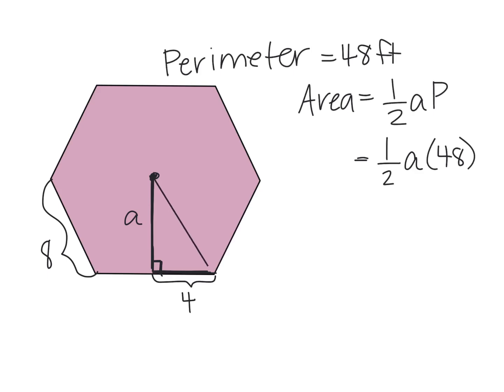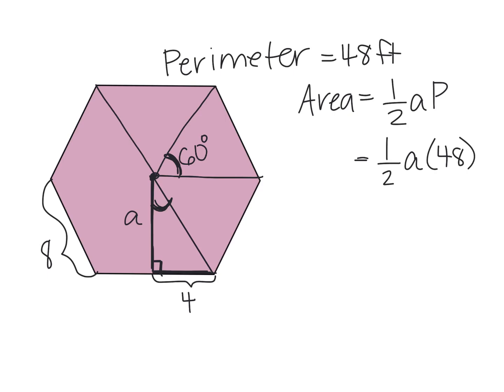So if we have this right triangle, we want to think about what would be the angle that we want to use right here. So I know that if I were to cut this up into different equal parts for a hexagon, if we did 360 degrees divided by 6, that's going to be a 60-degree angle.